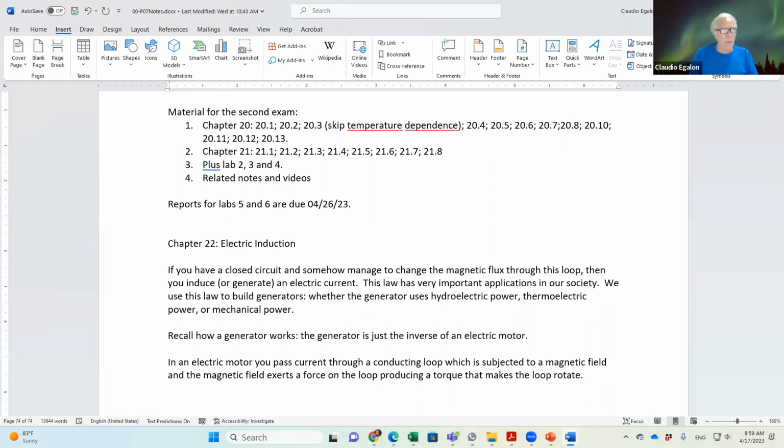Current through a loop, the loop is subject to a magnetic field. The magnetic field exerts a magnetic force, and this magnetic force exerts a magnetic torque that makes the loop rotate.